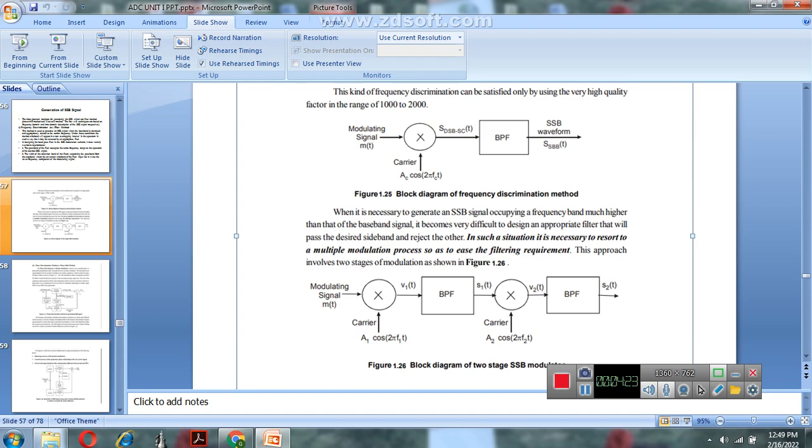In this, the modulating signal m(t) and the carrier signal are multiplied using the multiplier to produce the output v1(t). This v1(t) is connected to the band pass filter, which produces the output s1(t). It is connected to another multiplier, which multiplies s1(t) and a carrier signal to produce the output v2(t). This v2(t) is connected to the input of a band pass filter and produces the output s2(t). This is the frequency method that can be used to generate the SSB signal.